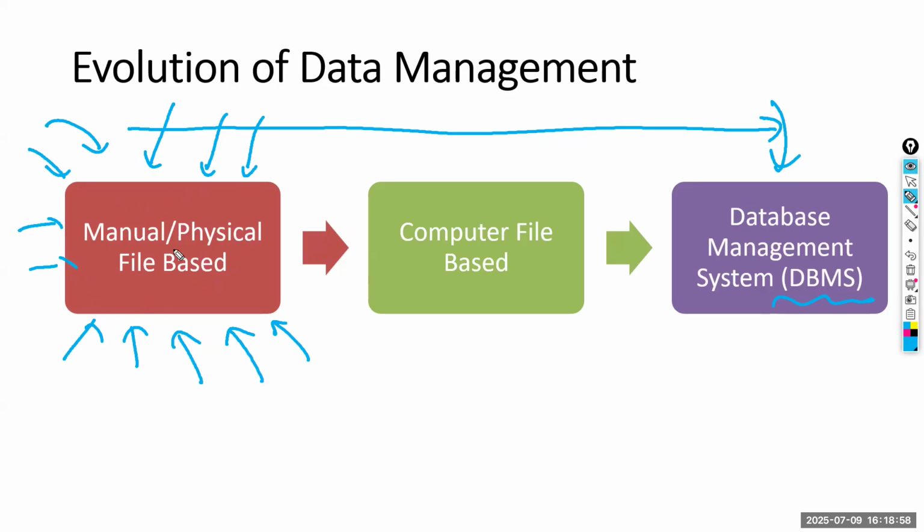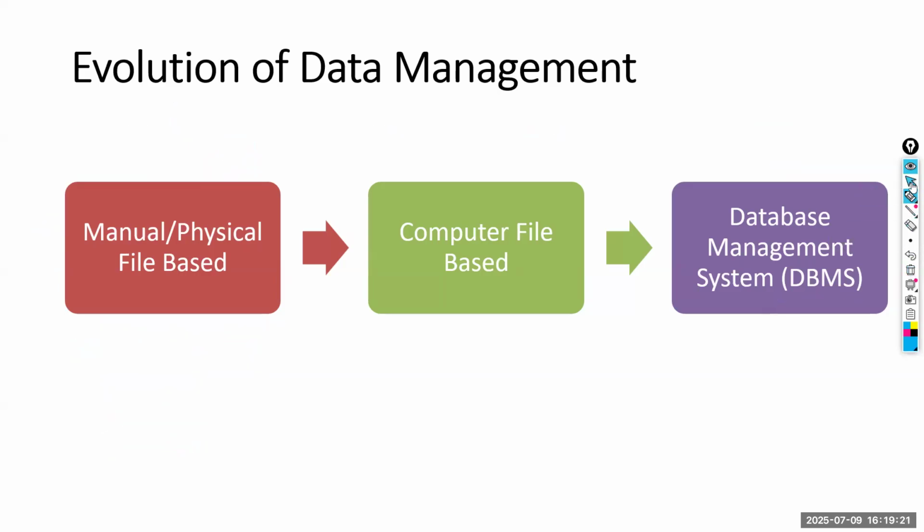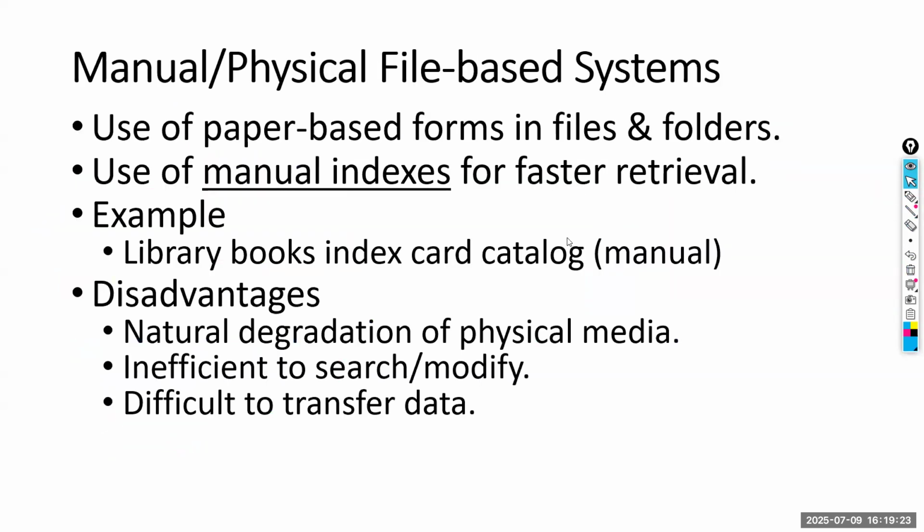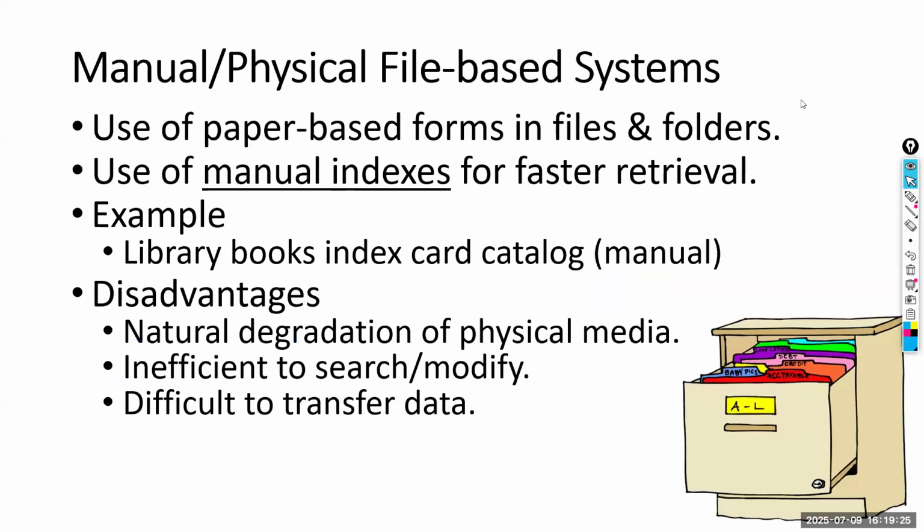So how did they do it? Using papers, pens, books, and still we use it. Sometimes we keep our data written in a book or file, manual or physical file-based systems. We use paper-based files, forms, folders, file cabinets.